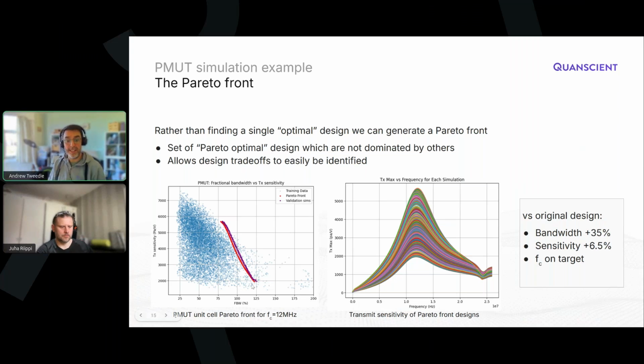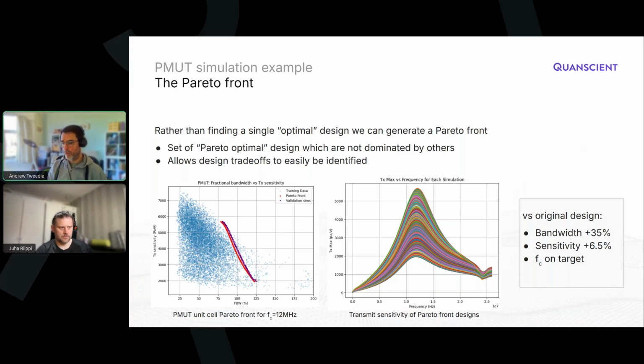So essentially we've found designs that can operate anywhere on this line. As an engineering team, we get to decide where we want to be. And these are the representation, the actual model outputs from the dots on the line here. So we can have very wide bandwidth designs down here, or very high sensitivity designs, or anywhere in between.